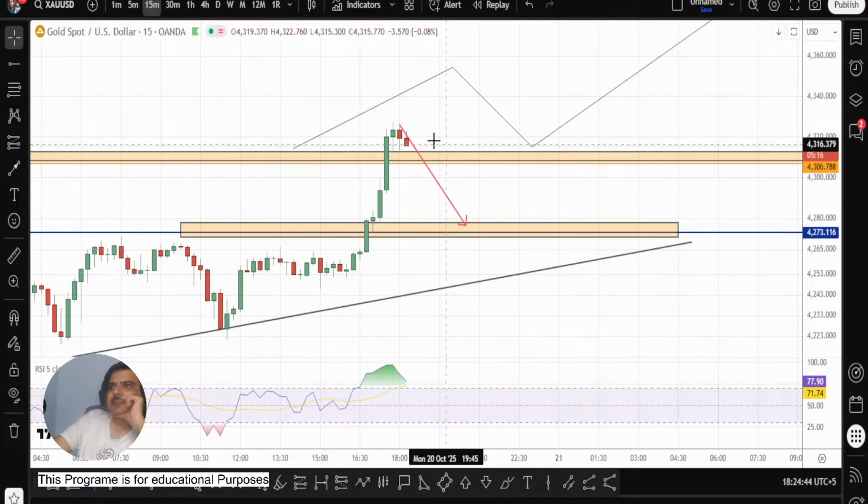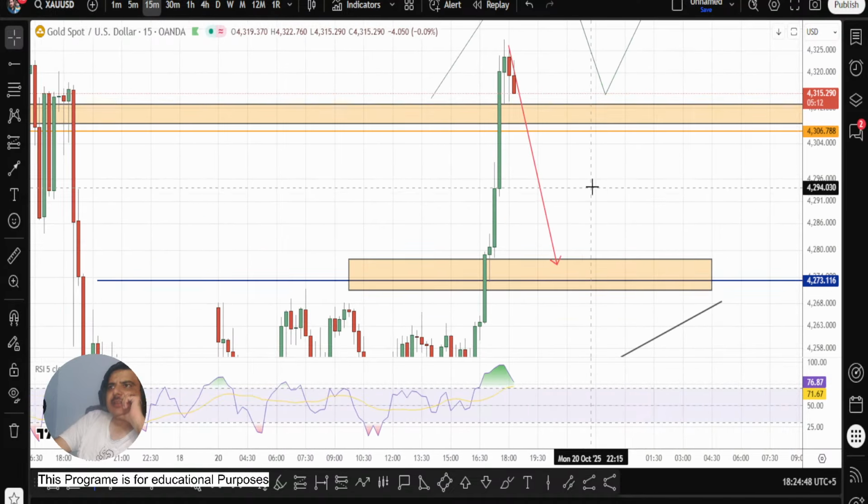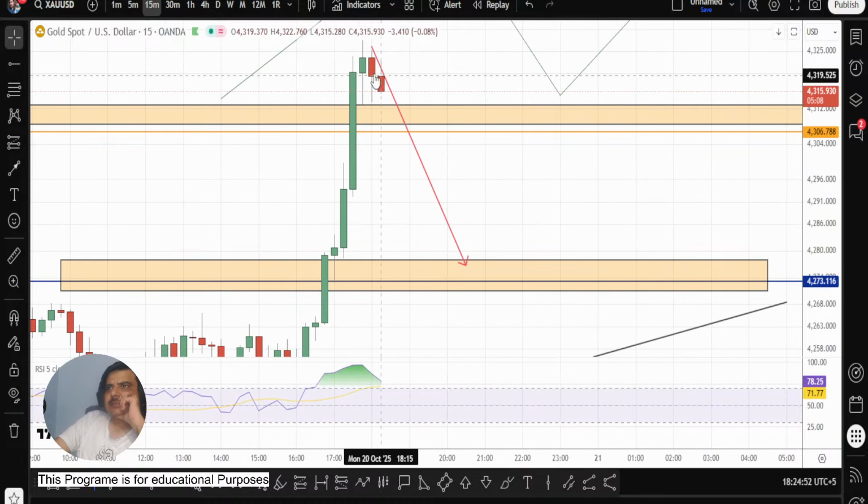This 15-minute candle right now is a little bit scary for the bulls, because this body is bigger than the previous one.